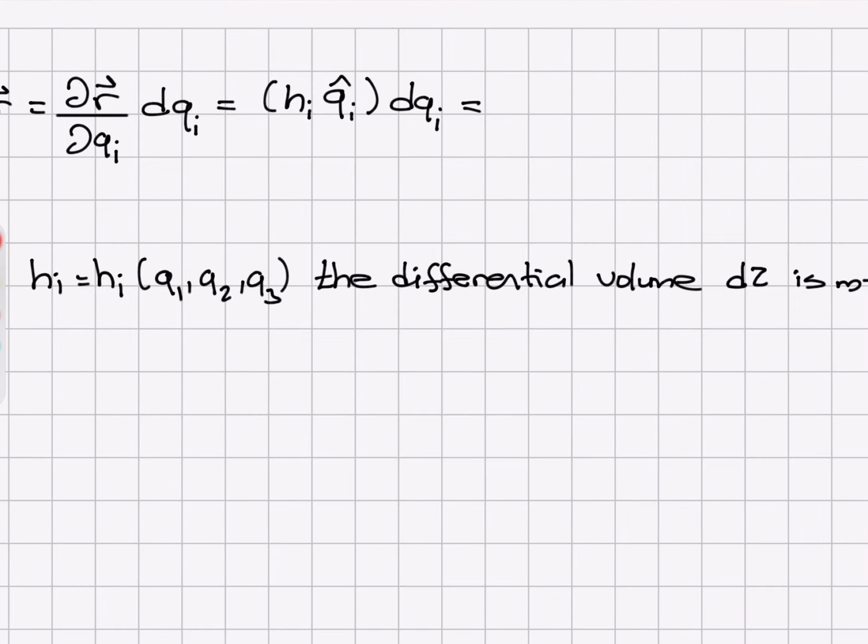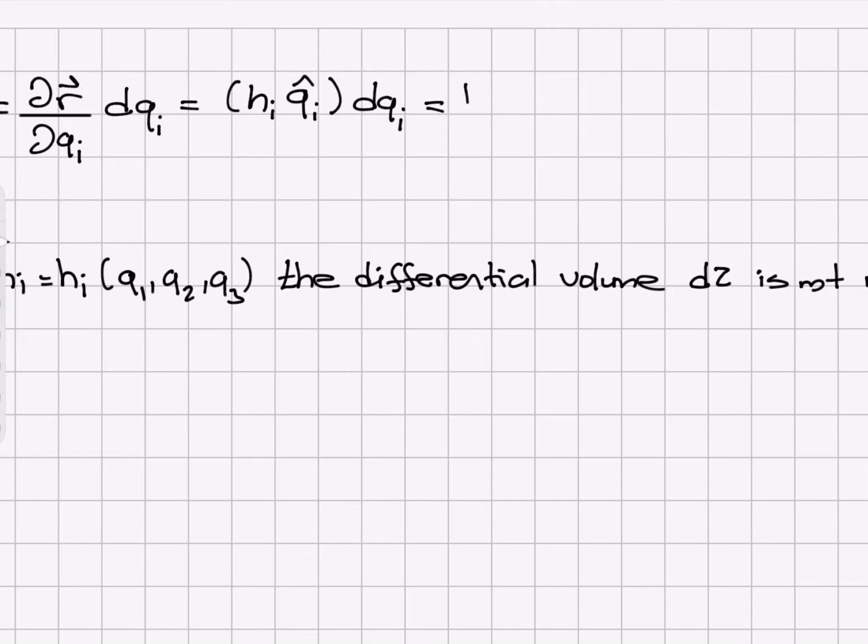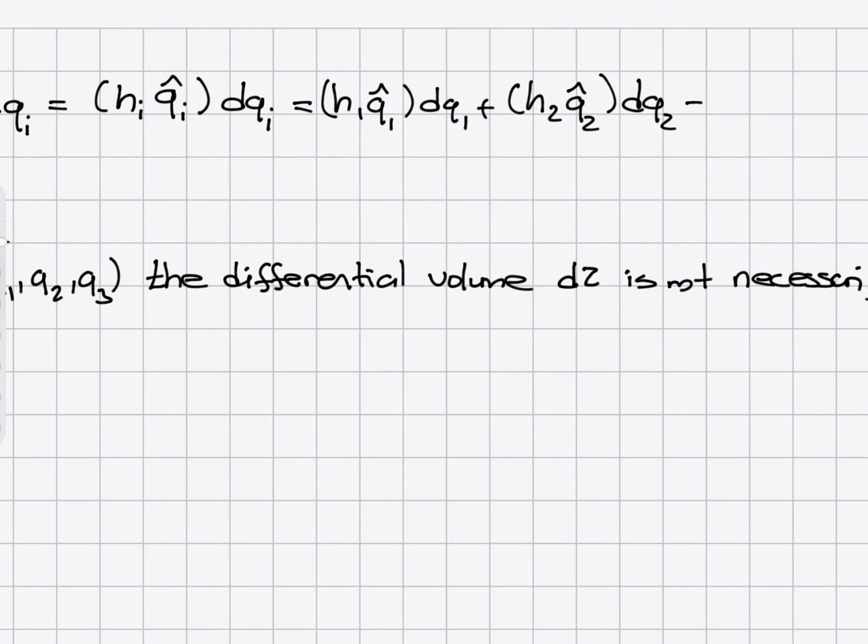So del r del qi has been replaced by hi qi hat. So this is h1 q1 hat dq1 plus h2 q2 hat dq2 plus h3 q3 hat dq3.